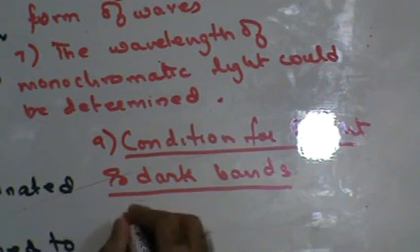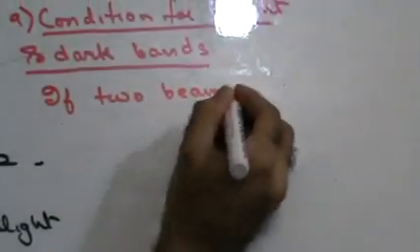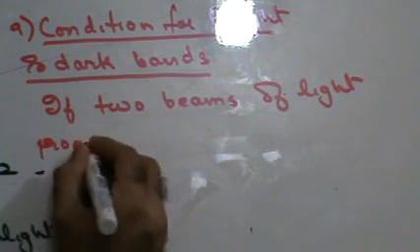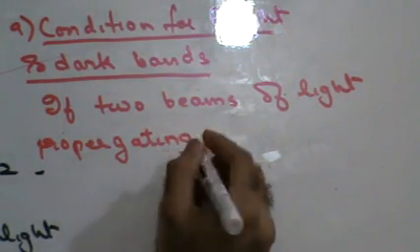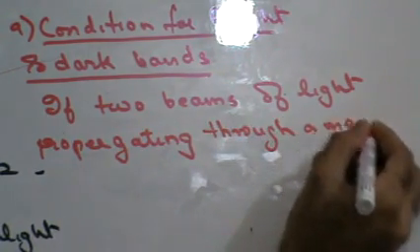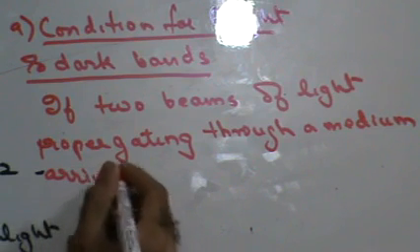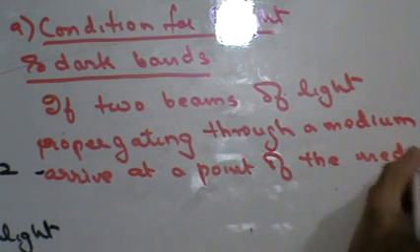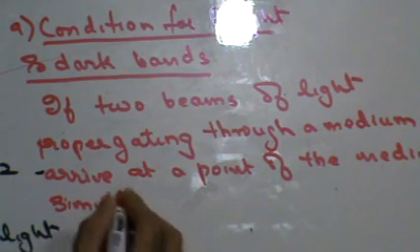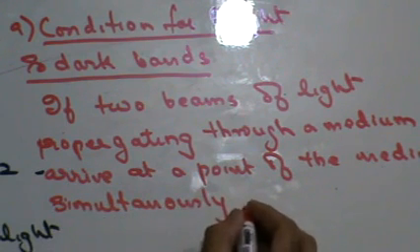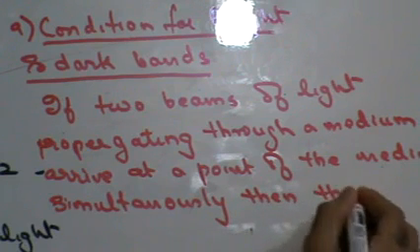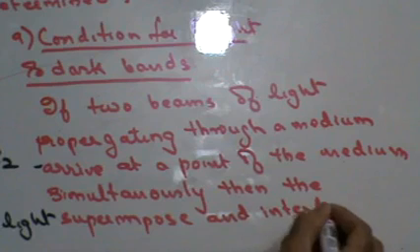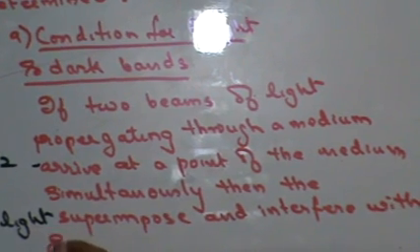I can say that if two beams of light propagating through a medium arrive at a point of the medium simultaneously, then they superimpose and interfere with each other.